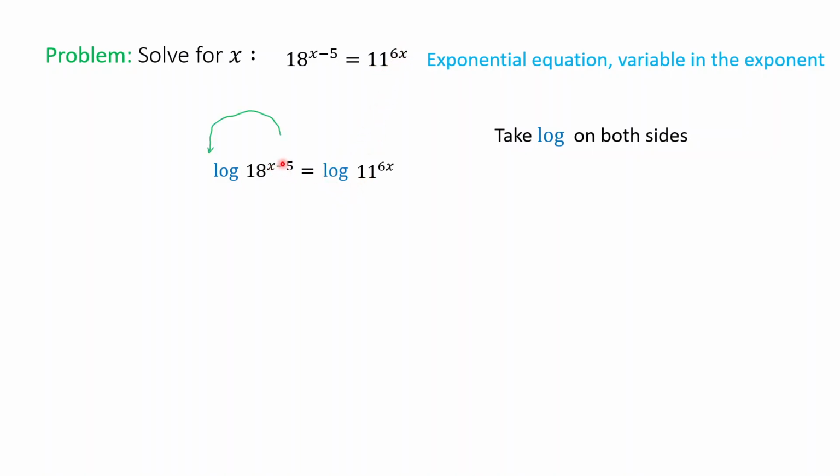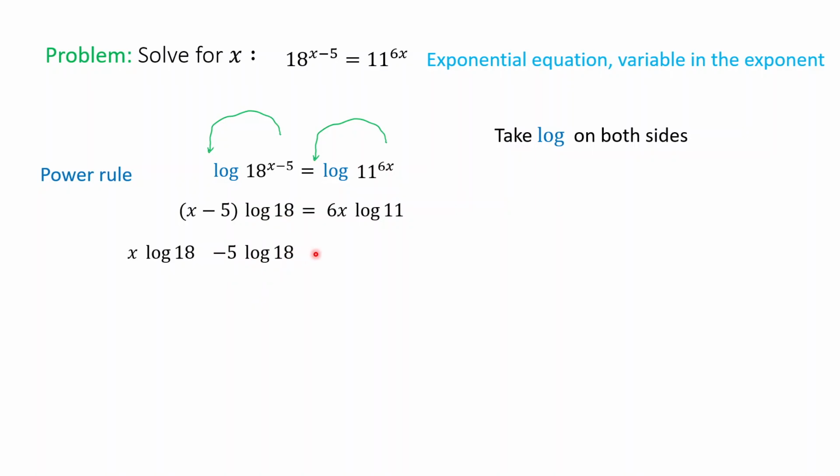Now bring these exponents down by using the power rule. You will get (x minus 5) log 18 is equal to 6x times log 11. Now remove the parentheses by multiplying this and this. x times this minus 5 times log 18 is equal to this.